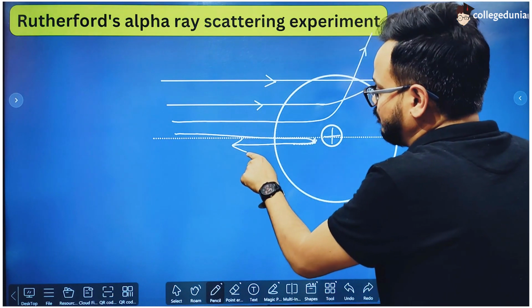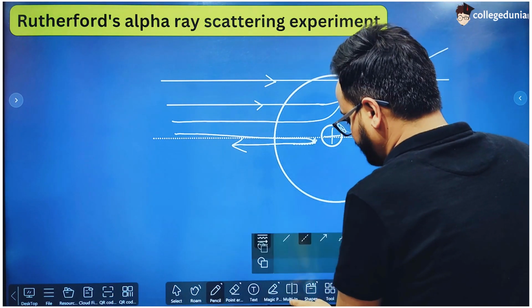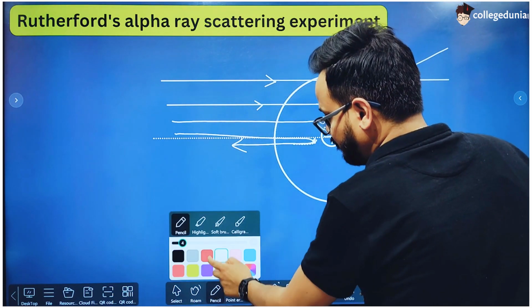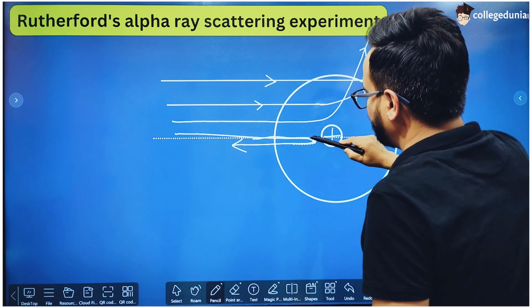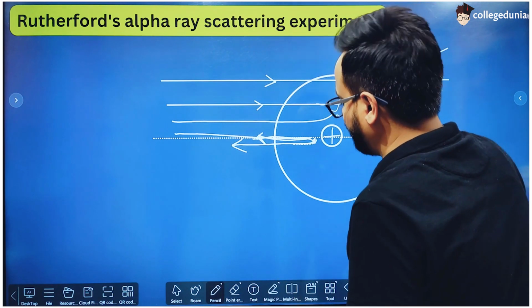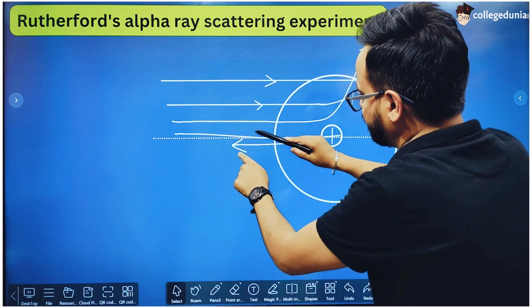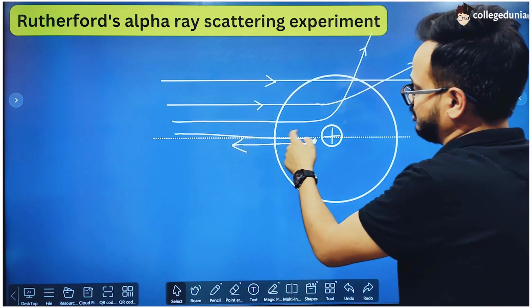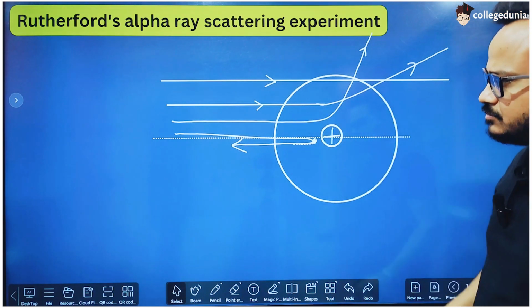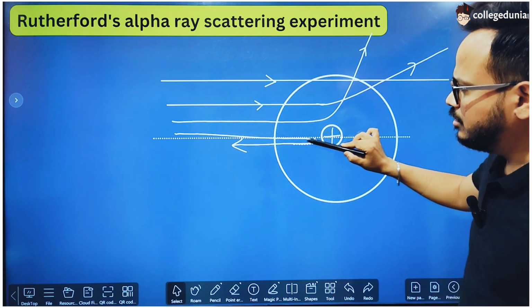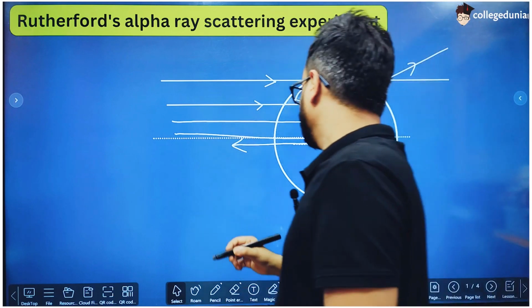I've shown the path like this with two separate lines, like a U-turn, because if I had shown it along the same line, it would be difficult for you to see. But this particle went back along the same line.